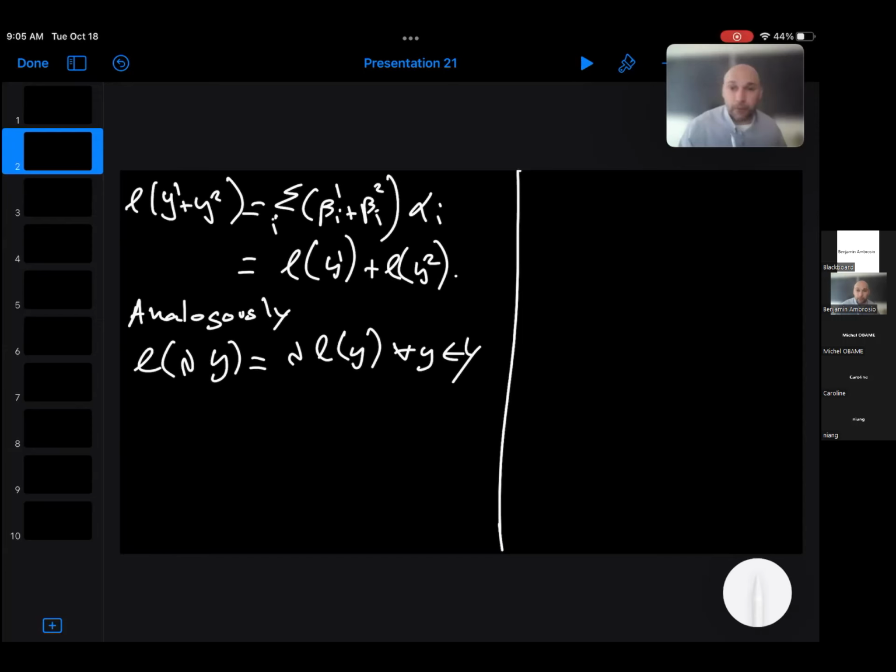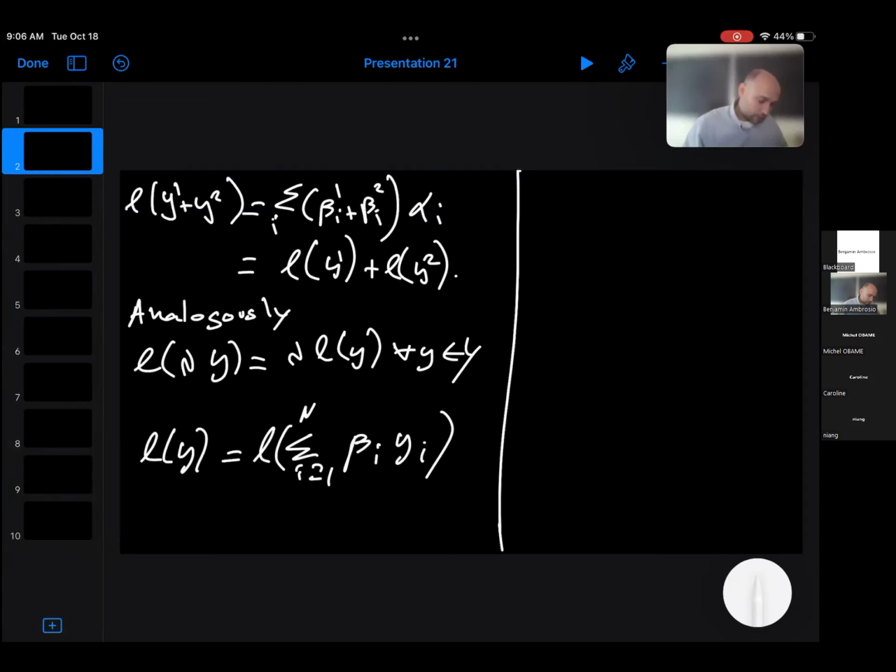Is L bounded? If I want to prove that L is bounded on the space capital Y, I take L of y.